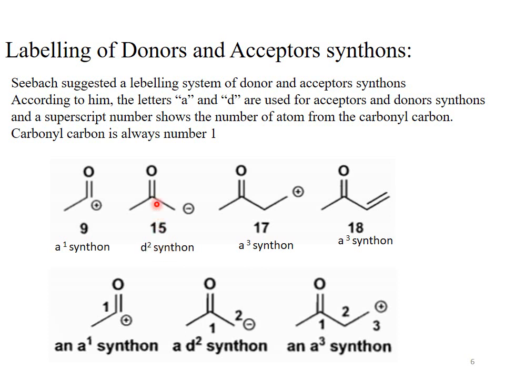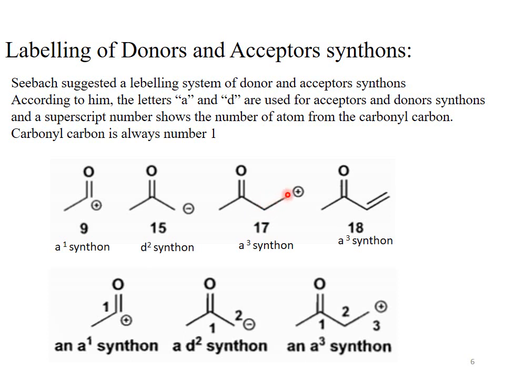See compound 15. There is a negative charge at the alpha carbon. So here this compound is acting as a nucleophile. So it is a donor synthon. Which is the position of the donor carbon? See, this is the carbonyl carbon at number 1, and this carbon carrying a negative charge is at number 2.